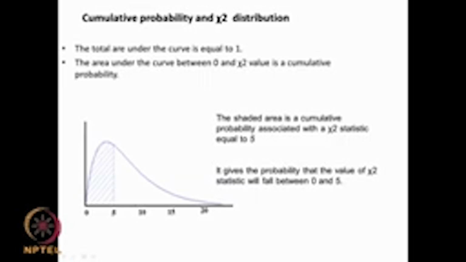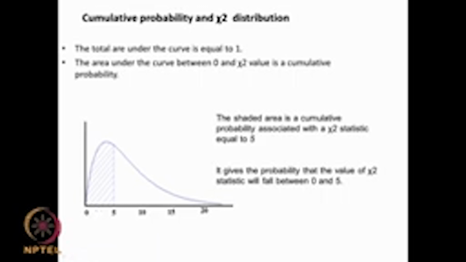So, if you are talking about cumulative for chi-square equal to 5, then this is the entire area, but the total area under this curve is equal to 1. So, it gives the probability that the value of the chi-square statistic will fall between 0 and 5, just like your t distribution and normal distribution.